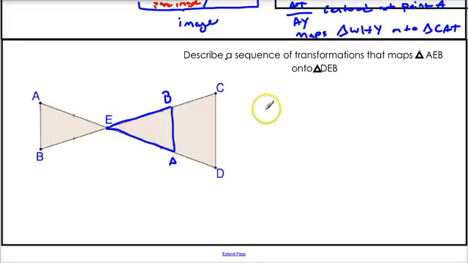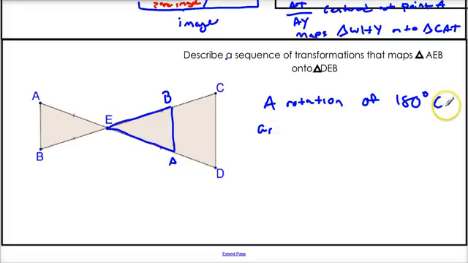So first we're going to do a rotation of 180 degrees. That went 180 degrees around, clockwise or counterclockwise. Let's do counterclockwise, it doesn't matter with 180, around point E. Now I want to tell you, I didn't forget the three most important things: the amount of degrees, the direction, and the point that it rotates around.